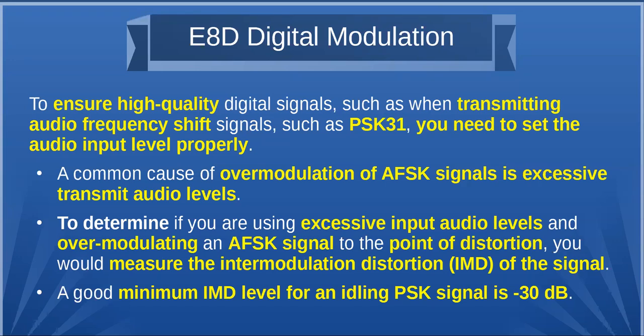Okay. To ensure high quality signals, doing audio frequency shift keying, such as PSK31, you really need to control the audio input, or a lot of times they'll define it as the microphone input, microphone gain.